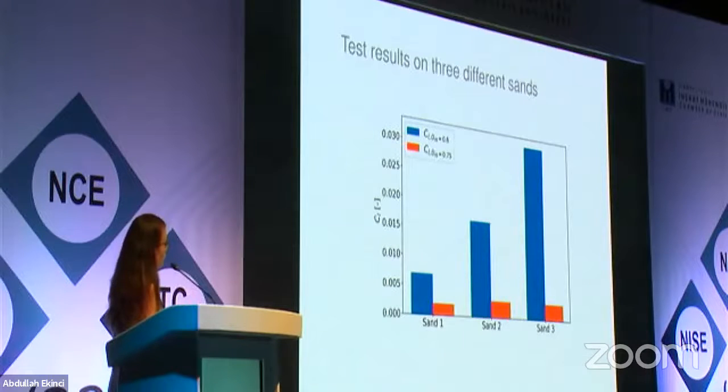The conclusion here would be the following: at the relative density of 0.6, sand 3 is the most prone to pore water pressure buildup, and also when applying densification as a countermeasure to pore water pressure buildup, it is the most effective in the case of sand 3, as it gives the largest amount of change of pore water pressure buildup between these two densities.